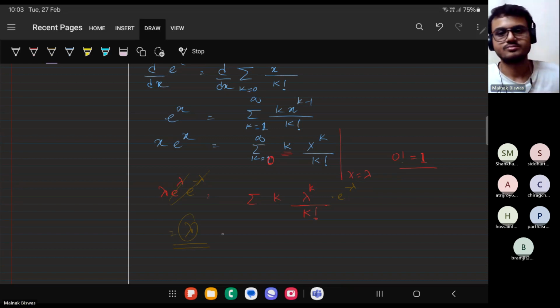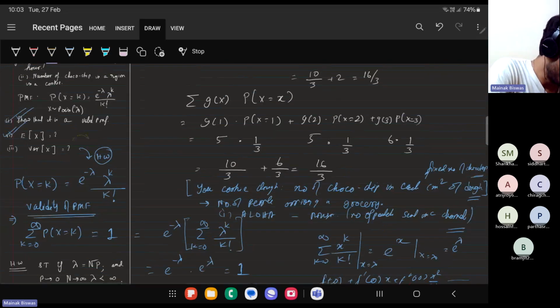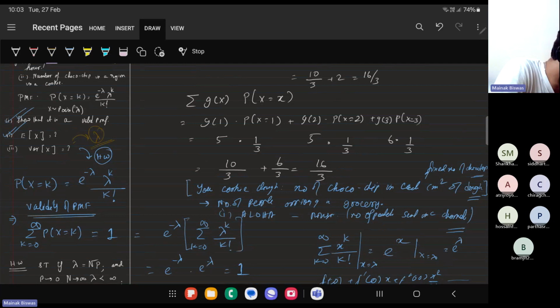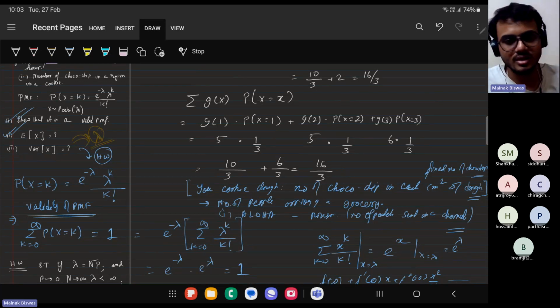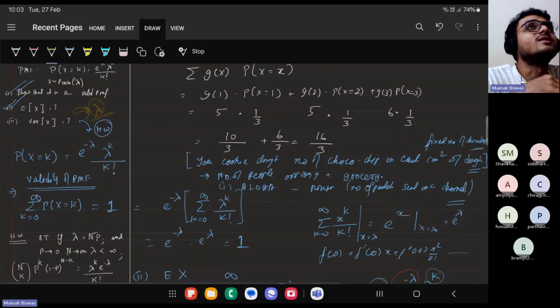Yes or no? Lambda will be the expected value. Similarly, most probably your variance will also be equal to lambda. Just check. This is your homework. I am not exactly remembering if it is lambda or lambda square, but check.